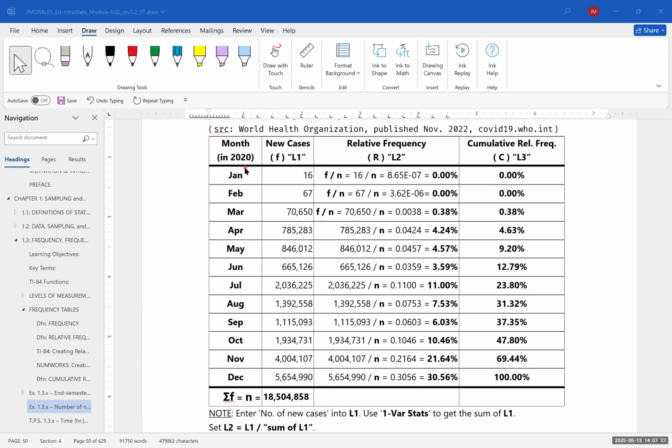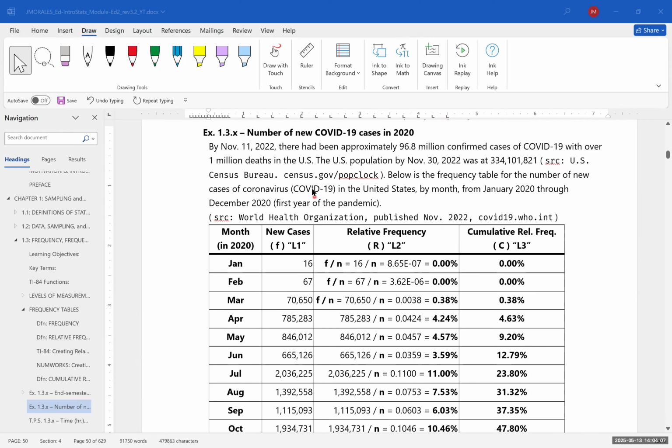So in the course of 2020, we had 18,504,858 people come down with COVID. Over the course of the whole year, 18.5 million people got it, and we started with only 16 at the beginning of the year. Okay, so this was a really highly transmissible virus that ended up killing about 1 million people.